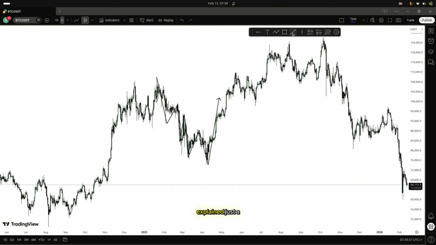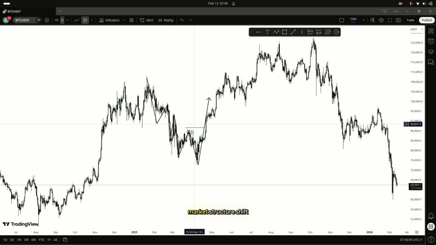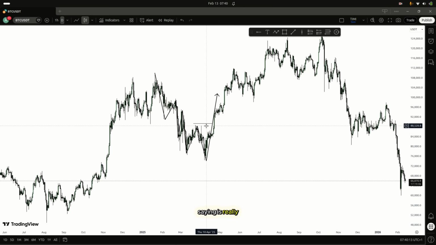Same thing I explained just a while ago. Price broke this previous high, meaning that a market structure shift had just occurred at this point here. I hope you are getting it, because what I'm saying is really simple in my head.